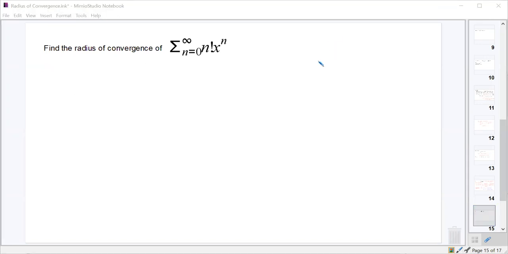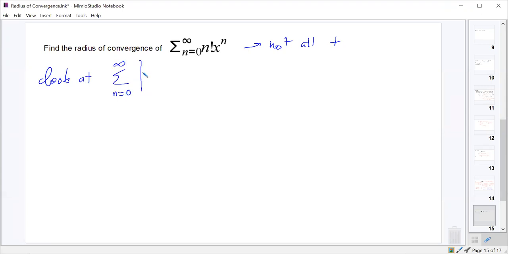Because for some values of x, this is negative. So we're going to say this is not all positive. And so we will then look at this sum, n equals 0 to infinity, of the absolute value of n factorial x to the n. Good or no?